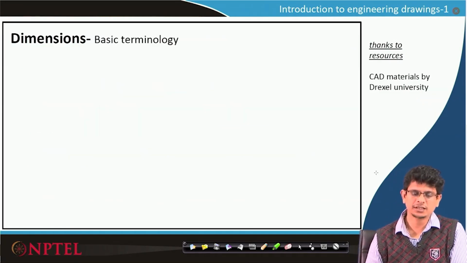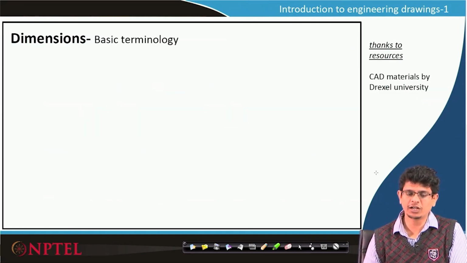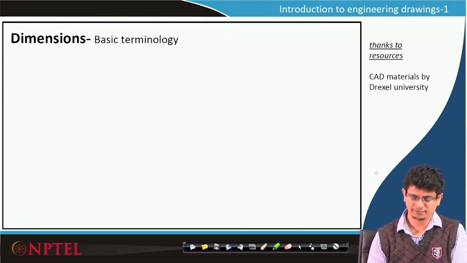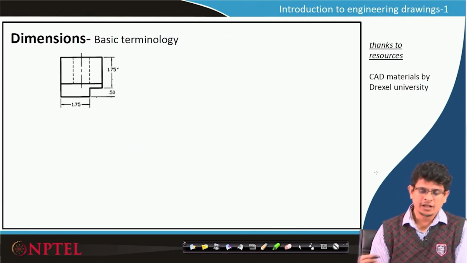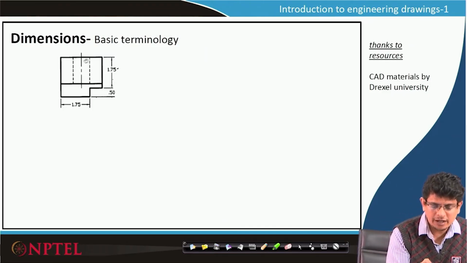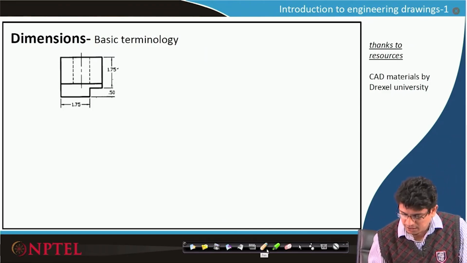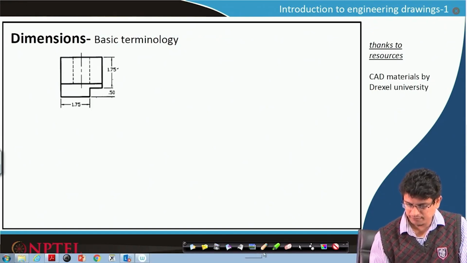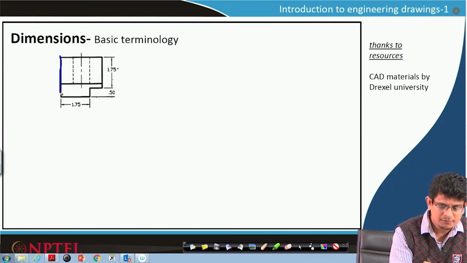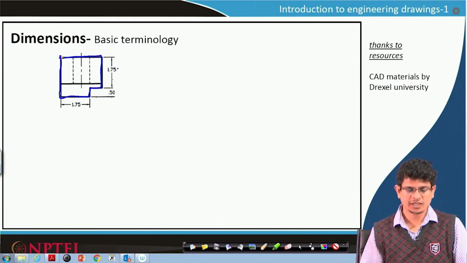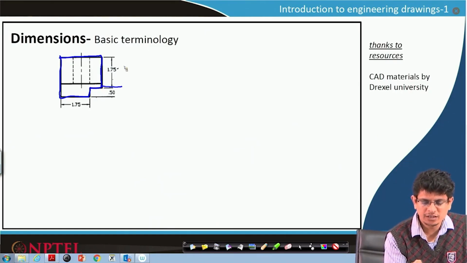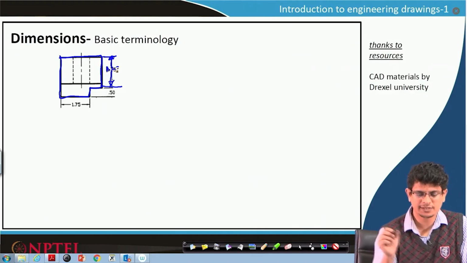Let us look at basic terminology of dimensions. Here we are showing an object of particular shape. There we are showing something like lines, an arrow and some numerals with certain decimals.